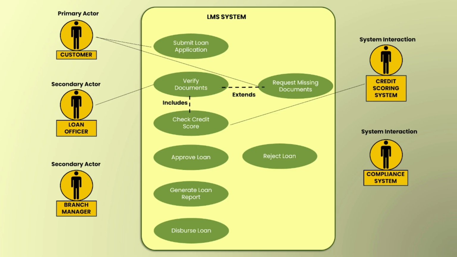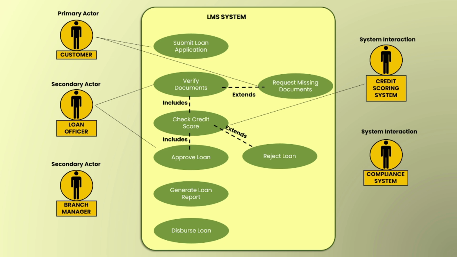So it is checking the credit score, and once the credit score is checked, there are again two possibilities: extension or inclusion. Include means yes, go for approve loan. Or if the credit score failed, then go extend and reject the loan. For these two tasks, the loan officer is involved.